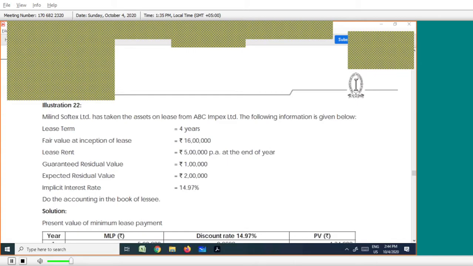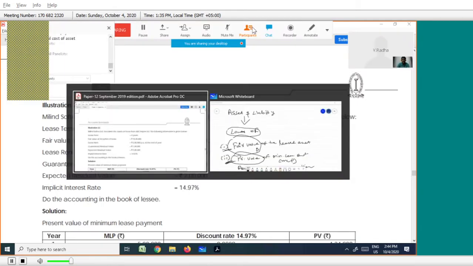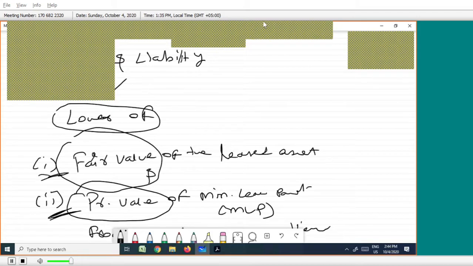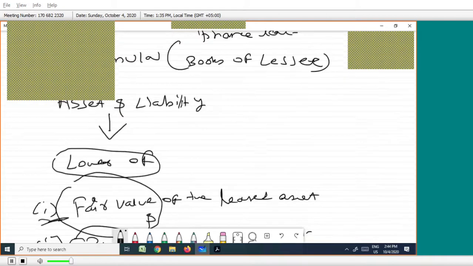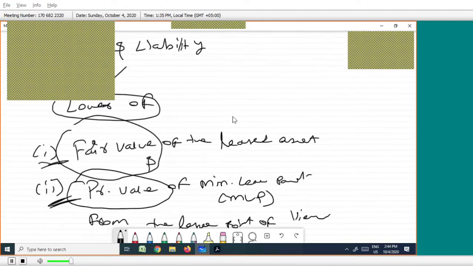So we have to decide whether this is a finance lease or not. We have to decide by doing some workings, not simply going through the question. We have to do some workings also.